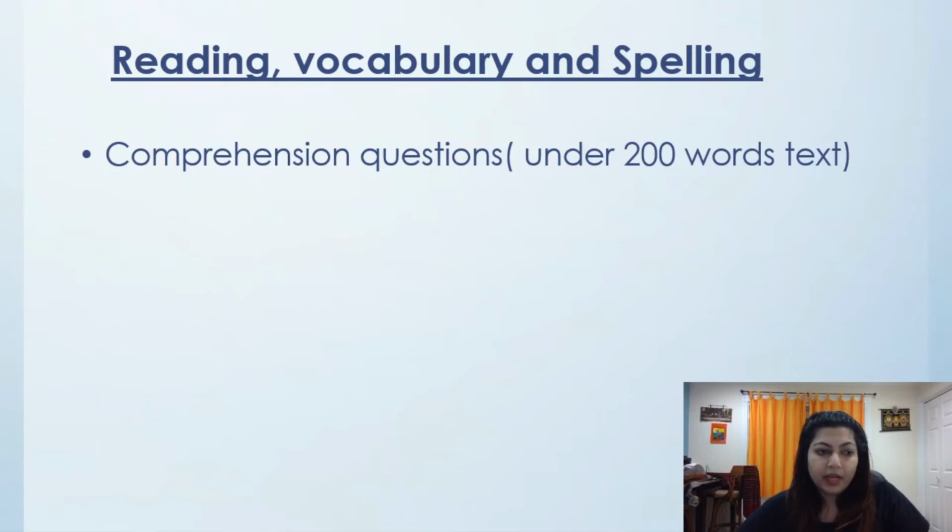The way I would like the kids to do it is first reading the passage, underlining any words they don't understand, getting the hang of the whole passage first, then reading the question, and when they go back to the passage, marking where they find the answer with the number that coincides with the question.